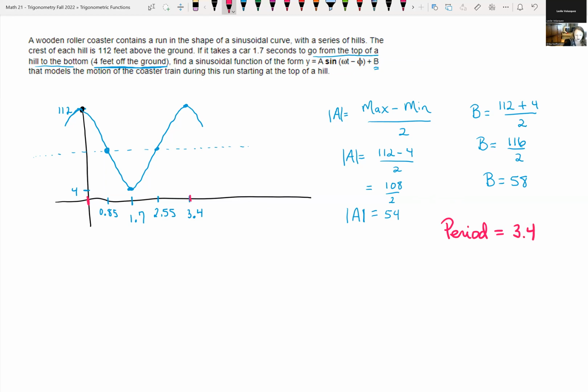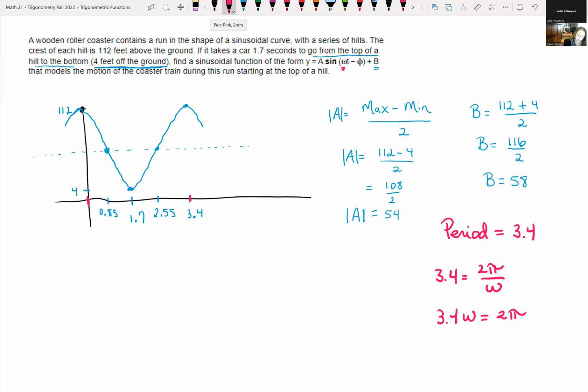So I'm going to need to figure out what b is, or in our case, omega. My period, which is 3.4, is equal to 2 pi divided by omega. So multiply both sides by omega, we get 3.4 omega equals 2 pi.